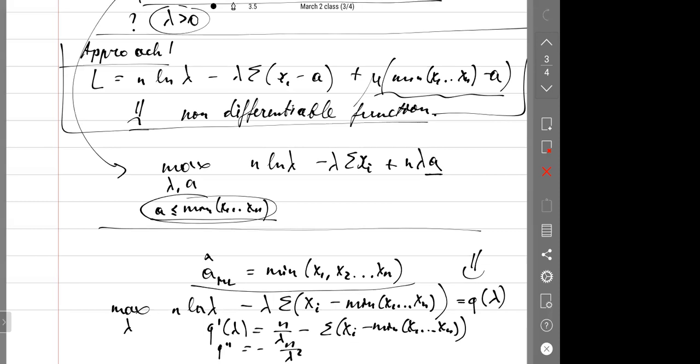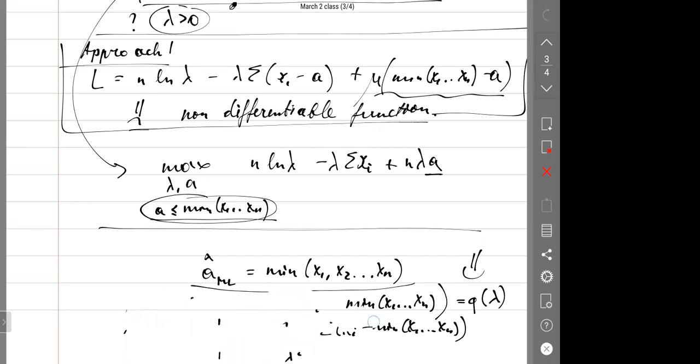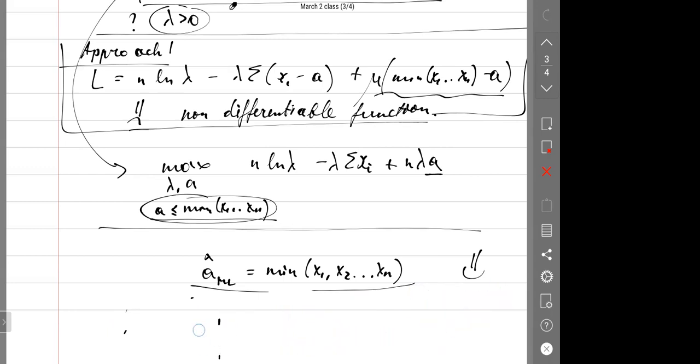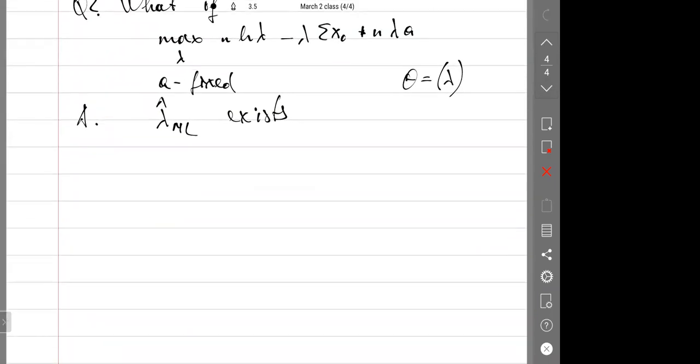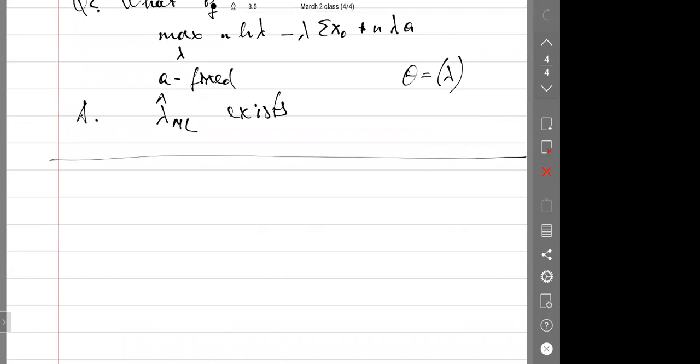Maybe I should go on to the next page, I think it's not visible on the bottom. Just one minute, we will finish our big problem with the inequality condition. So we go back to our original problem.